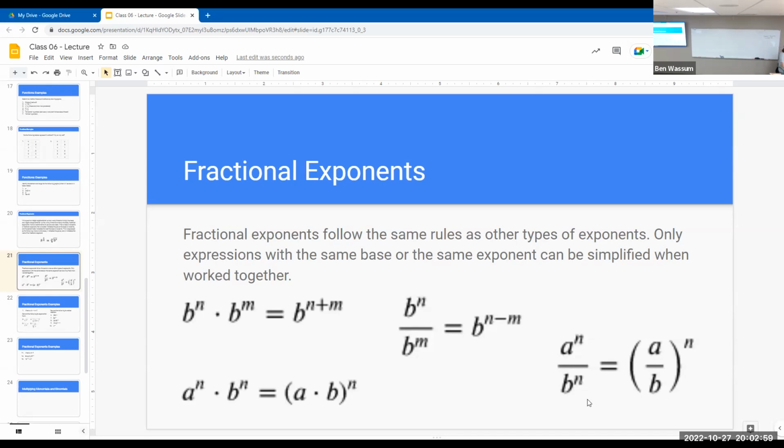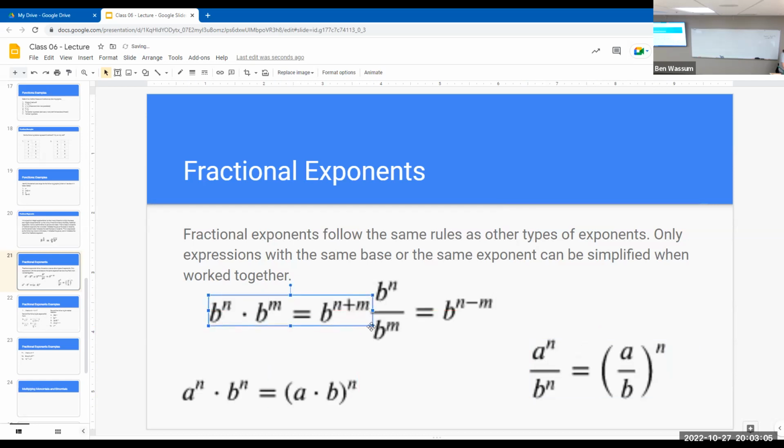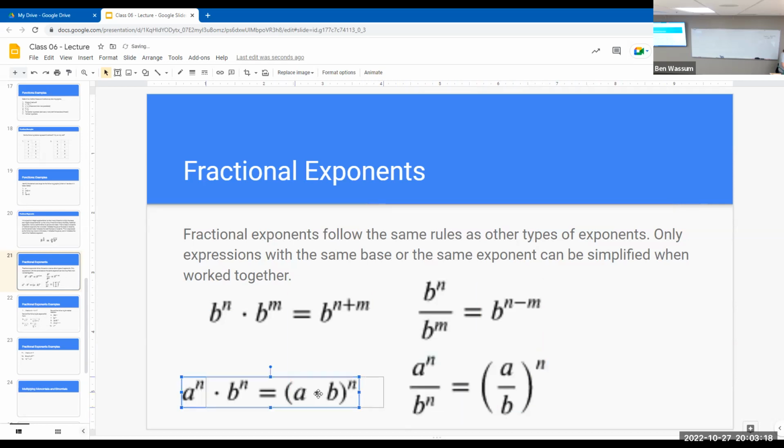That accounts for these first two right there. This one where they're multiplying and you just add the powers, and this one where they're dividing and you subtract the powers. But the other one, I haven't really touched on that yet, okay?